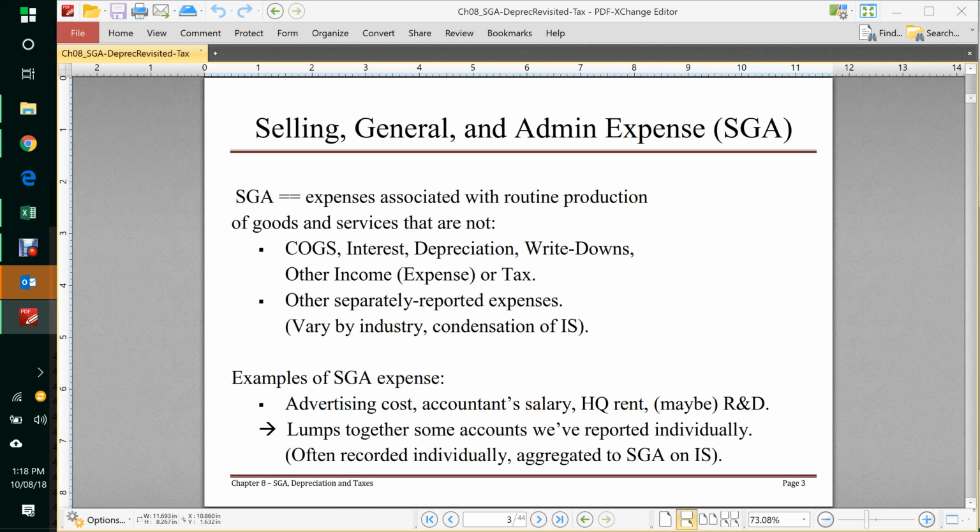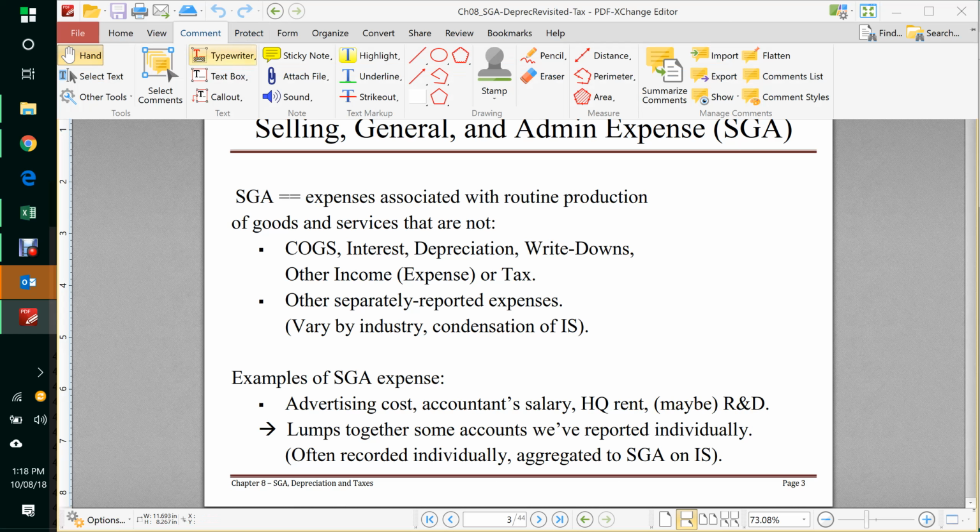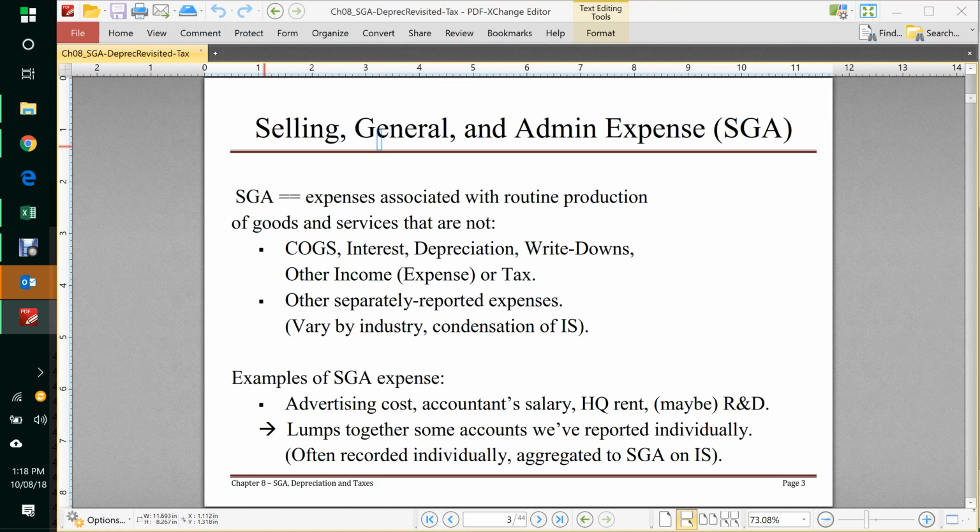Okay, so let's start right in with SGA. SGA is short for Selling, General, and Administrative. Universally, this is contracted to SGA expense.